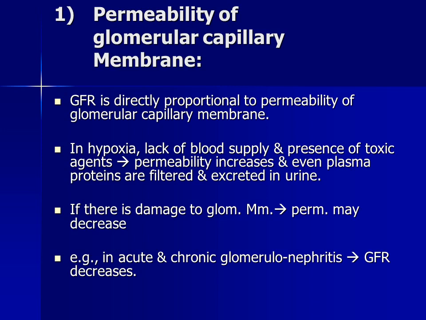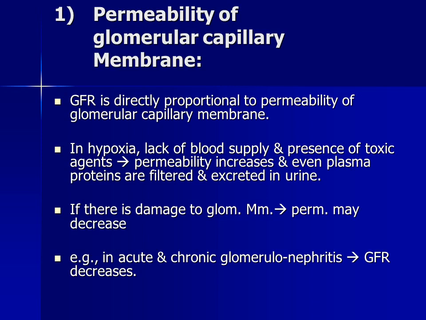In case of hypoxia, there is a lack of blood supply, and also the presence of toxic agents which will affect the glomerular capillary membrane. It can lead to damage to the membrane and increase the permeability, and even plasma proteins can be filtered across it and excreted into the urine.